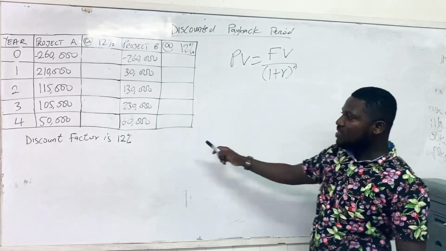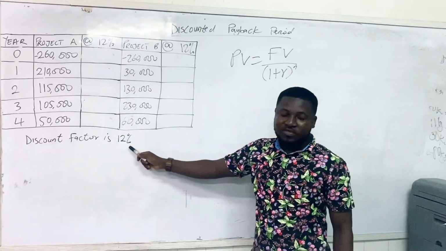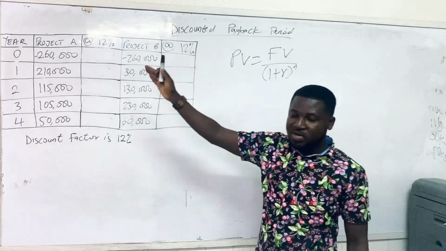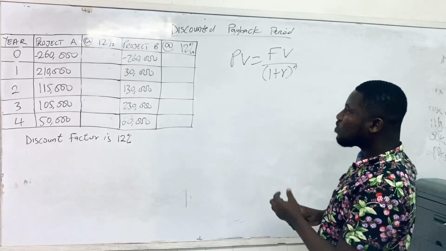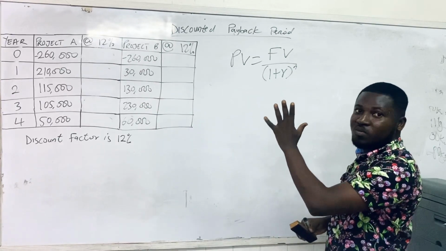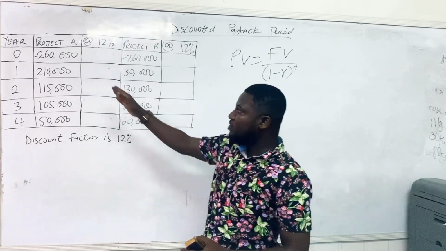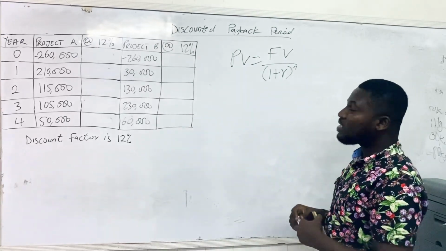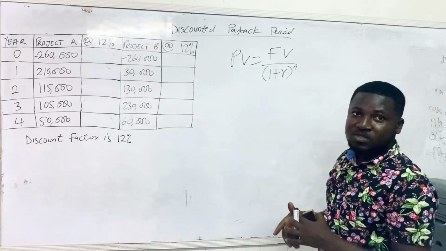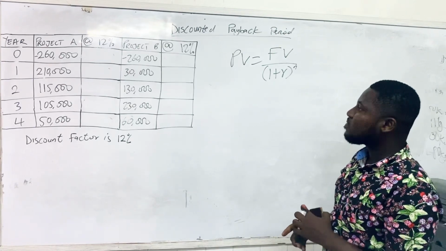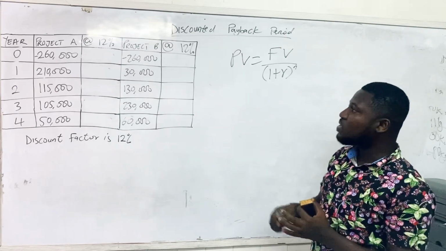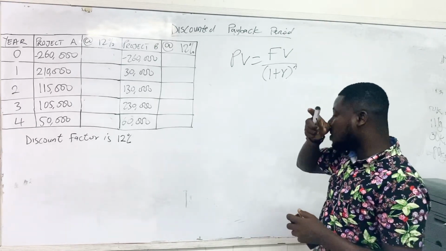Now R is the discounting factor or our interest rate, and n is the year or the period. So now we are going to take each cash flow one after the other, calculate and fix it here. Then we'll use the payback method formula to check which of these projects is more attractive or which we would accept under the discounted payback period.